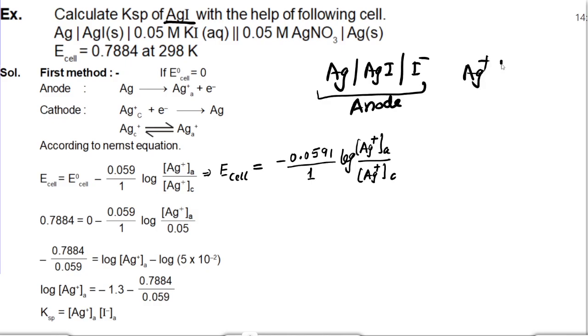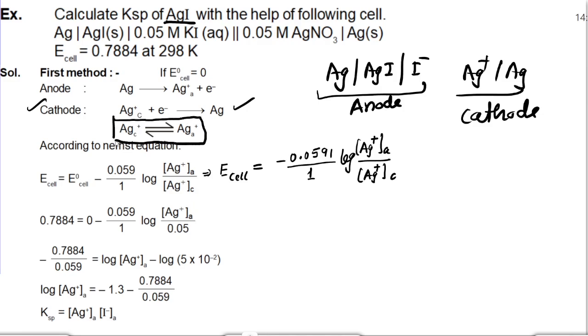Another one is Ag plus Ag, that is cathode. So at cathode, Ag plus plus electron gives Ag. So the overall cell reaction is Ag plus cathode to give Ag plus anode.